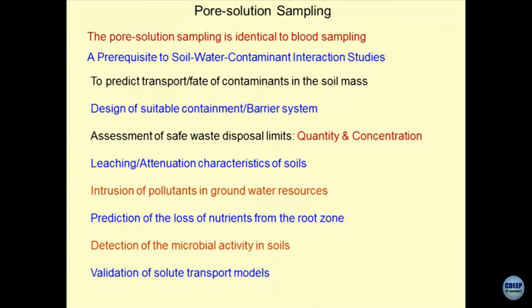Another situation which people might talk about is the microbial activity and its movement in the soils. The locations where the colonies of microbial activities are surviving in the soil mass can also be detected by pore solution sampling.